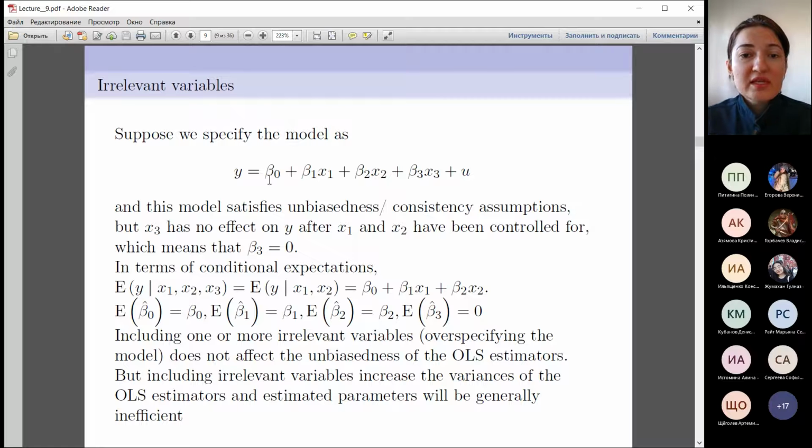And in other words, we can say that the coefficient associated with the x3 variable will equal something around 0.